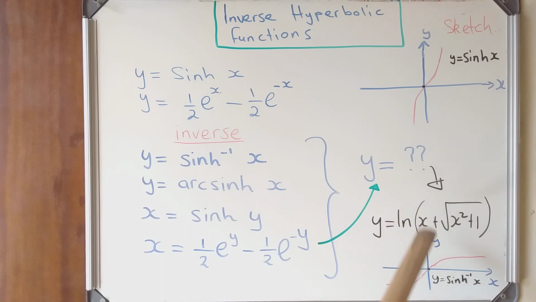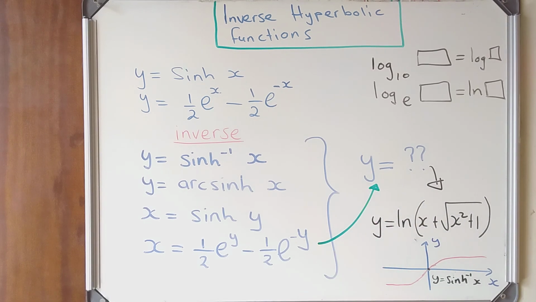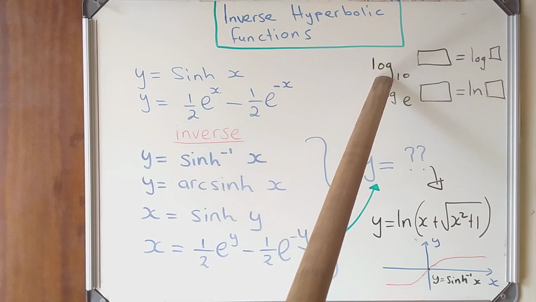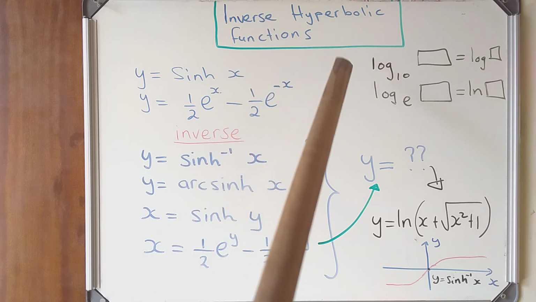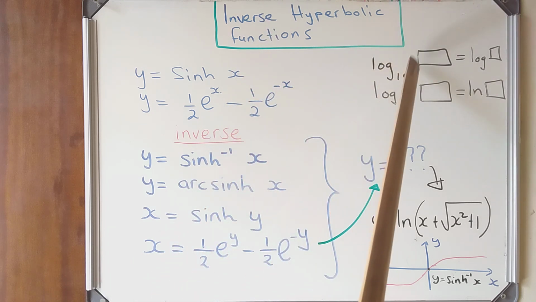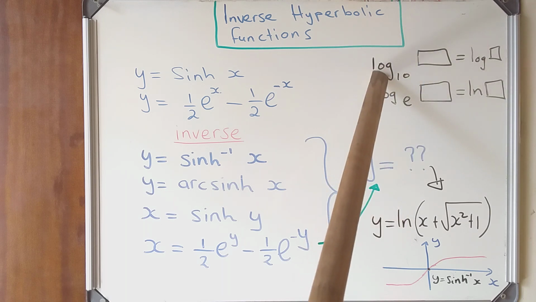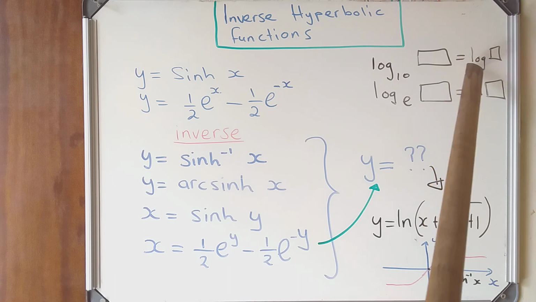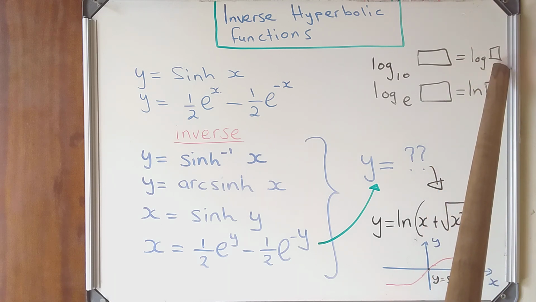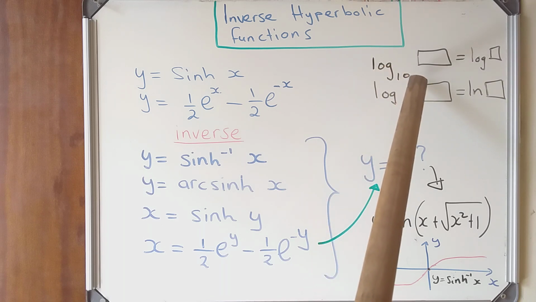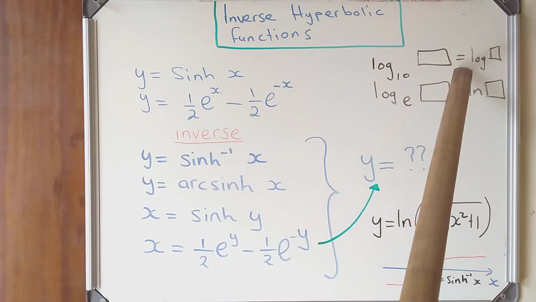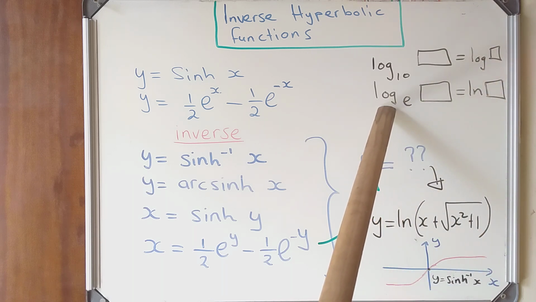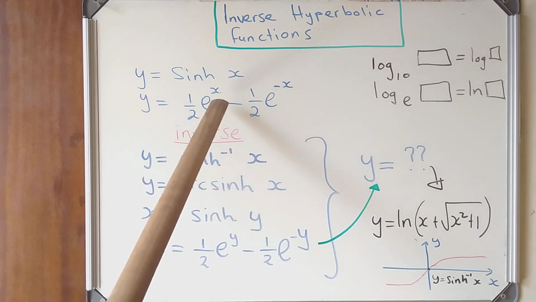For example, if you have a scientific calculator, you can punch log base 10 of any number, and that is the same as log of that number. So if you say log base e, the e is coming here.